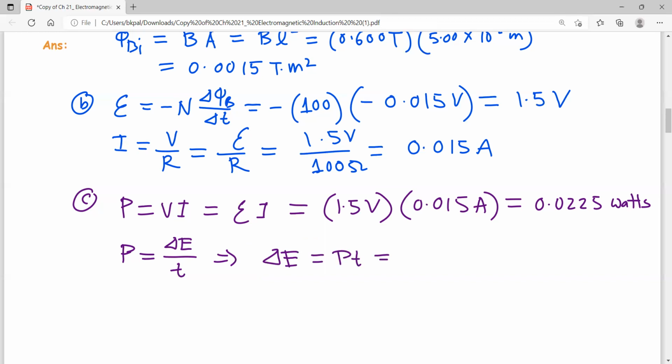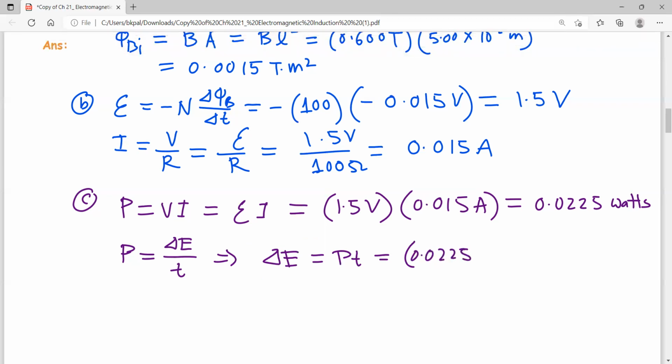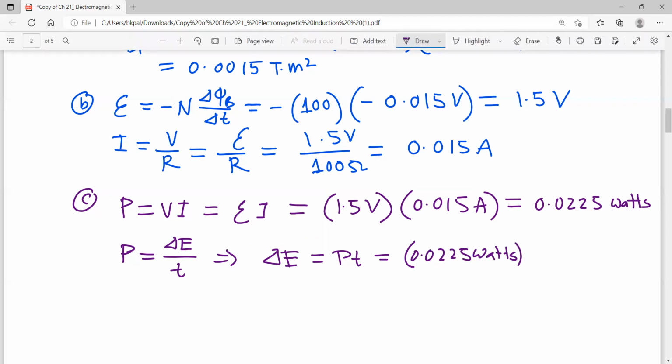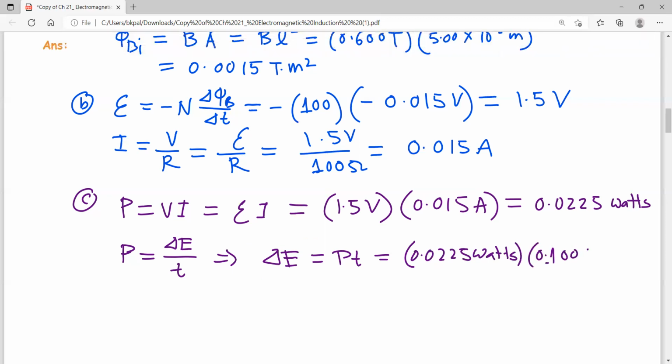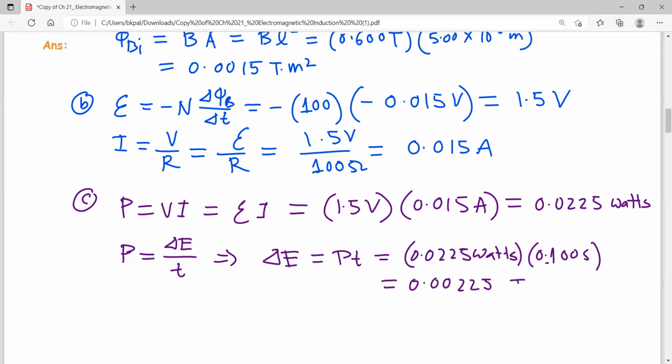We just calculated the power is 0.0225 watts, and time was 0.100 second. So that means the energy is 0.00225 joule. This is the energy dissipated in the coil.